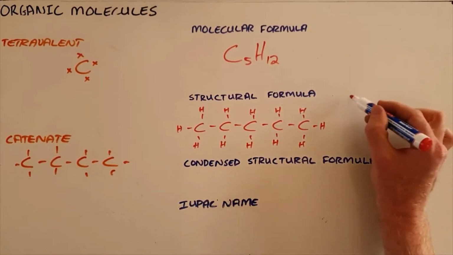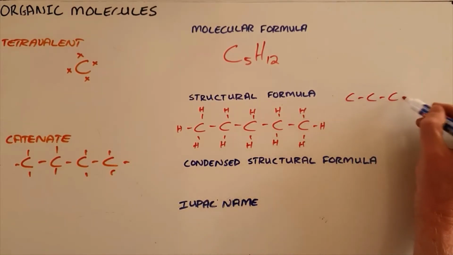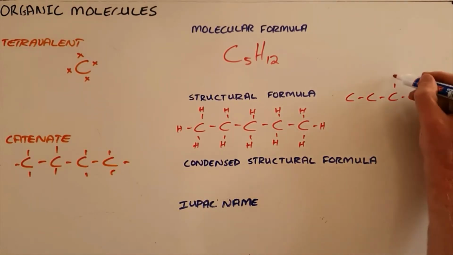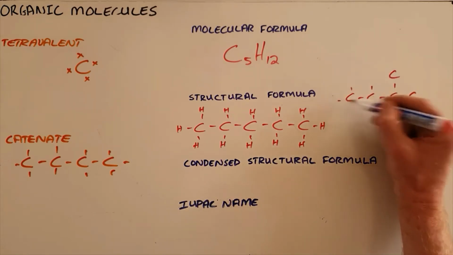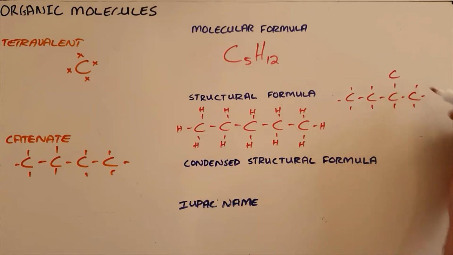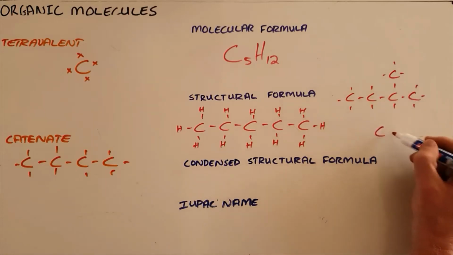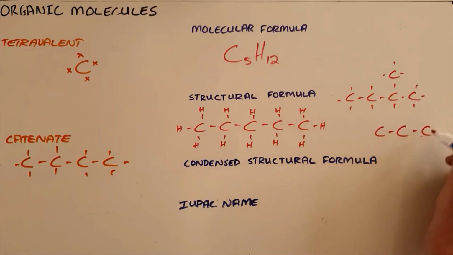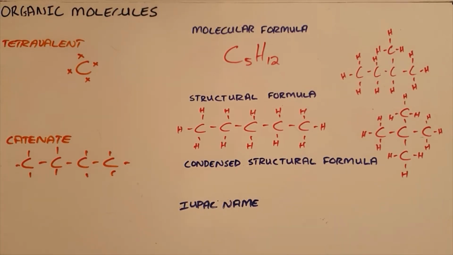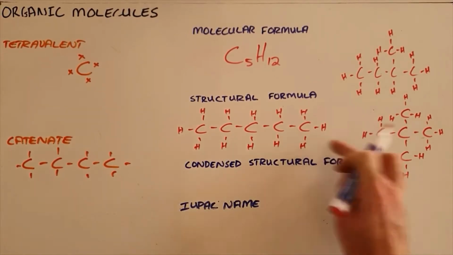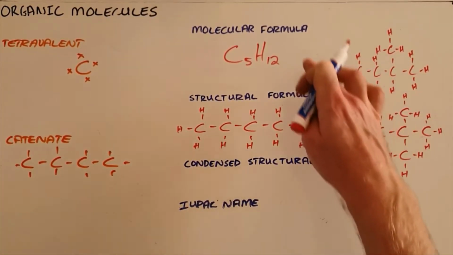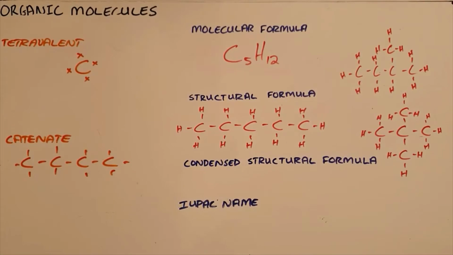Then there are also 2 other possible arrangements, those being 4 carbons with a single branch coming off one of the carbons, and also then 3 carbons in a chain with 2 branches coming off those carbons. As we can see here, these 3 molecules are all defined by the molecular formula C5H12, but they are completely different, which is why structural formula becomes important.